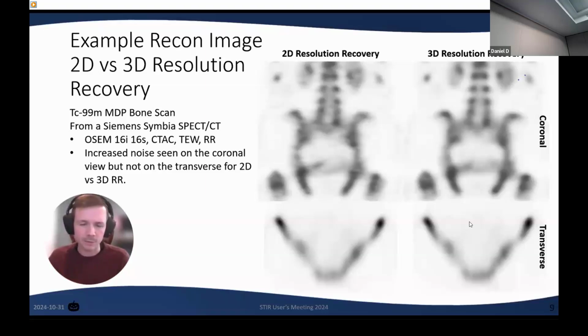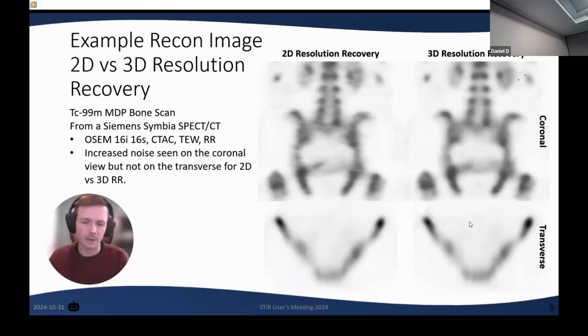So if you look at the images for the 2D resolution recovery, for example, you see a bit more noise apparent along the coronal view, but the same noise is not really apparent when you look at the transverse. So the noise that you're seeing is really limited to changes in position along the Z domain within the image volume.